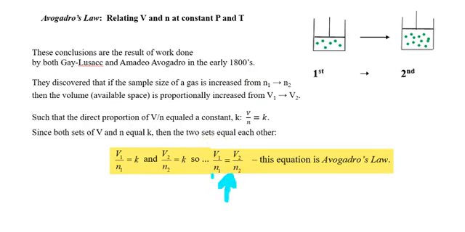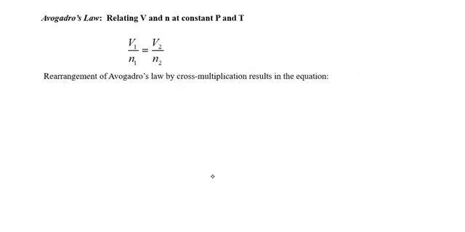But what's special about Avogadro's law is we have number of moles changing, and we can relate that to a chemical equation because the coefficients are number of moles. So look at Avogadro's law and cross multiply, rearrange that. So we got a ratio of volumes to a ratio of moles.